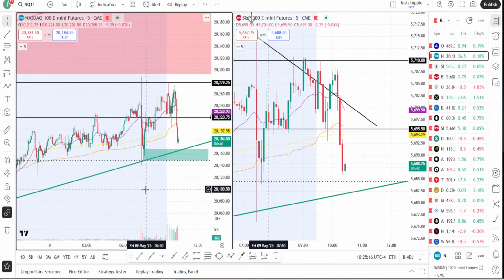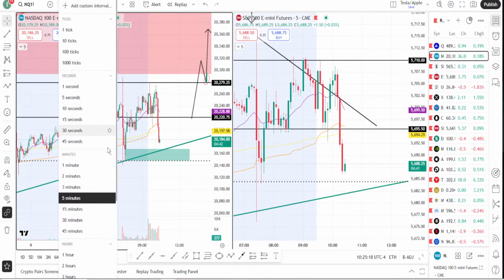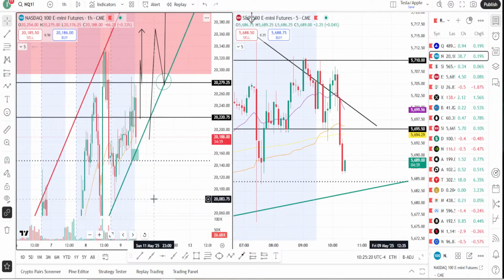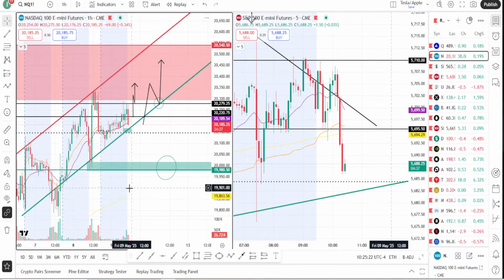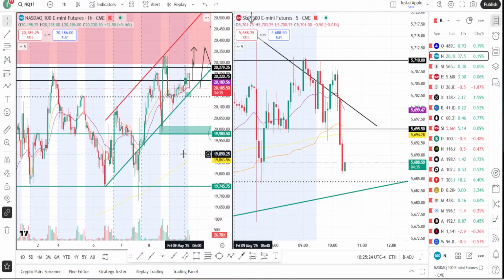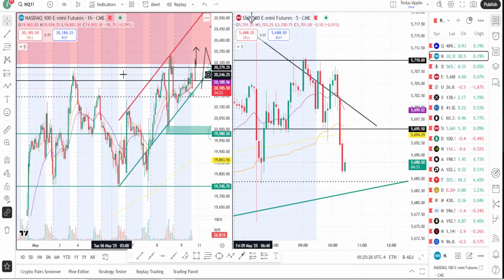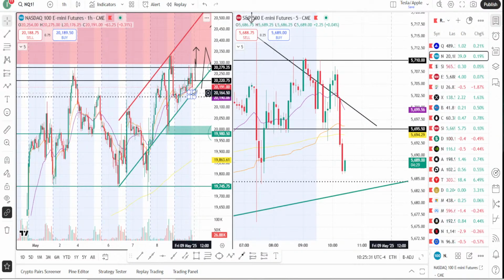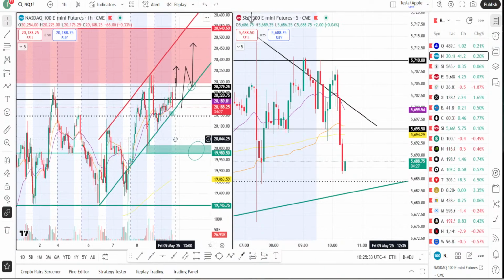All right, so now we're at the lows of this hourly channel. We're at the high of the range and at the lows of an hourly channel.